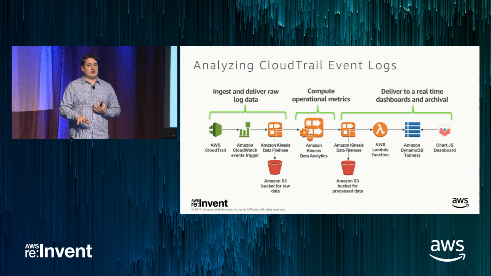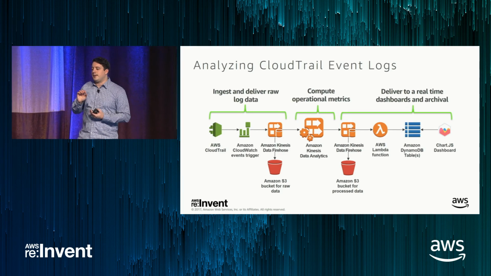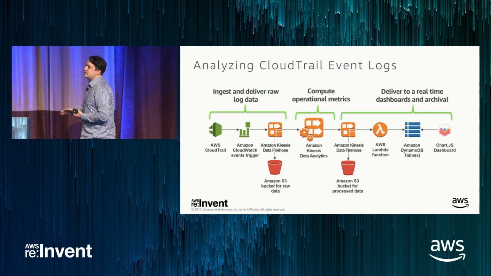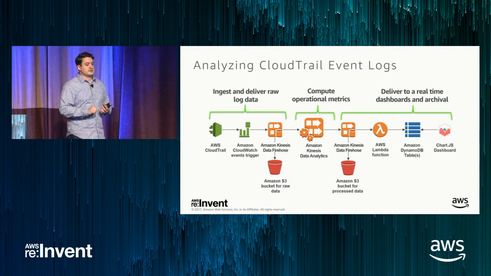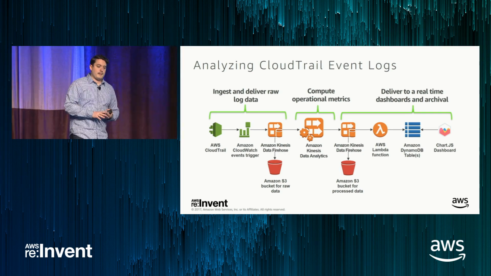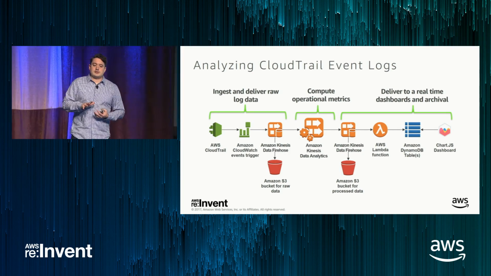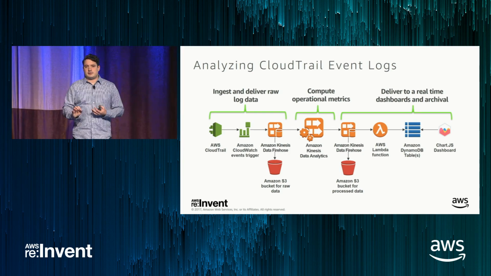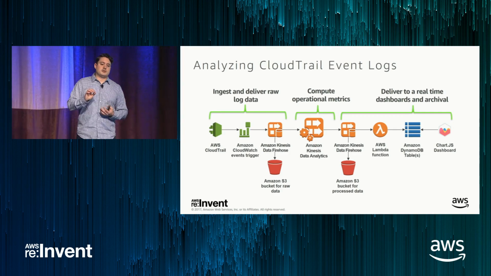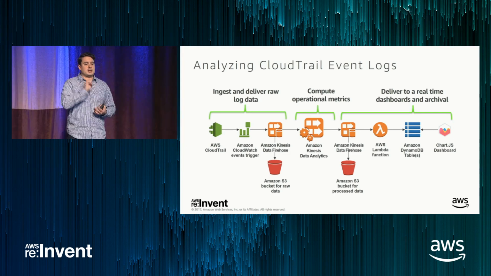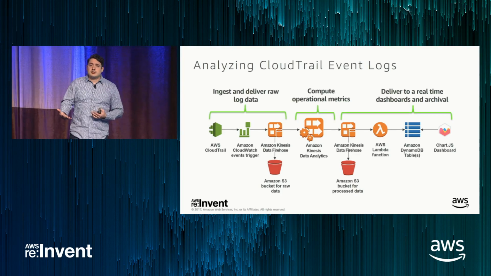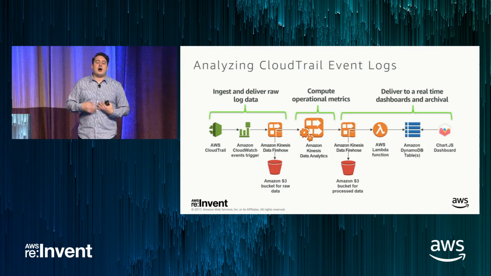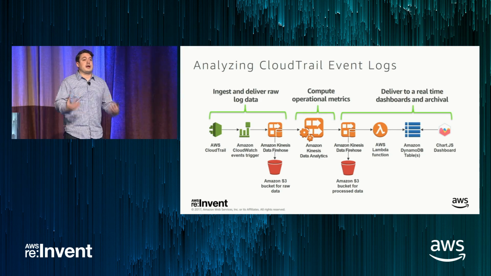This is the use case we're going to be spending the majority of the time on for the remainder of the presentation. I mentioned that Kinesis Data Streams as well as Kinesis Data Firehose have a number of built-in integrations with other AWS services. CloudTrail is one of them. With AWS CloudTrail, you can set up an Amazon CloudWatch Events trigger, which is basically a simple trigger to take data generated by AWS CloudTrail and send it to Amazon Kinesis. AWS CloudTrail, for those who are not familiar with it, logs activity associated with your AWS account.